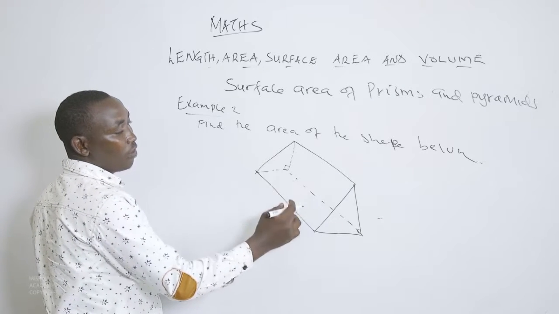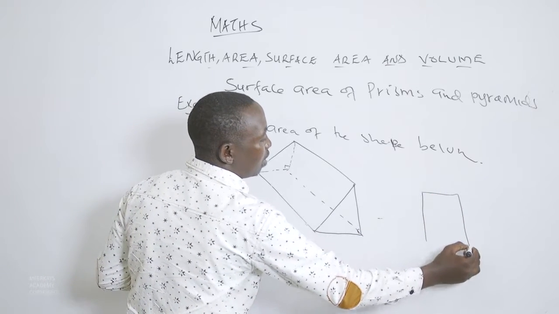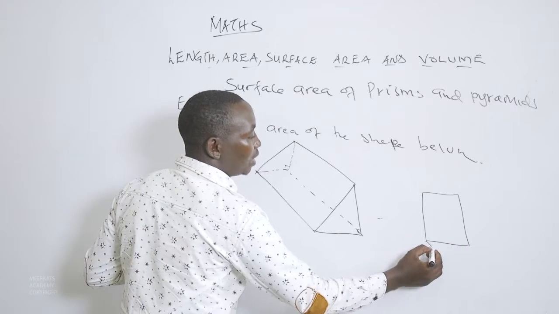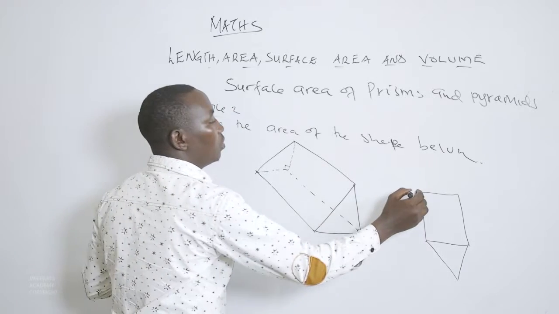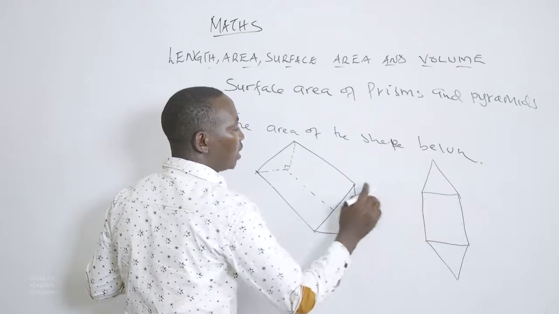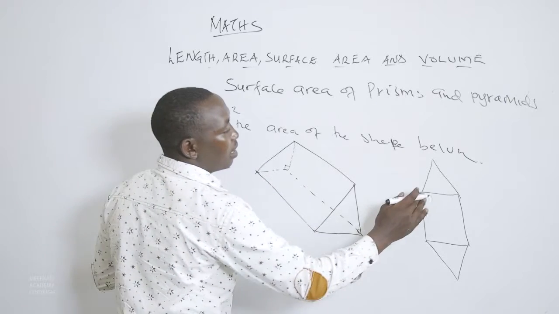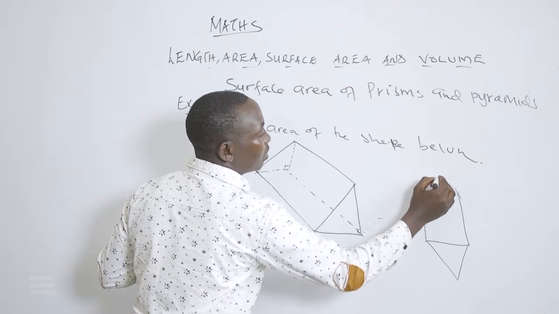So we'll draw from the base. We are going to have the rectangle, the rectangular part. The rectangular part has been attached to the 2 triangular parts, this particular part and the other part. And mark you, these are right angles.